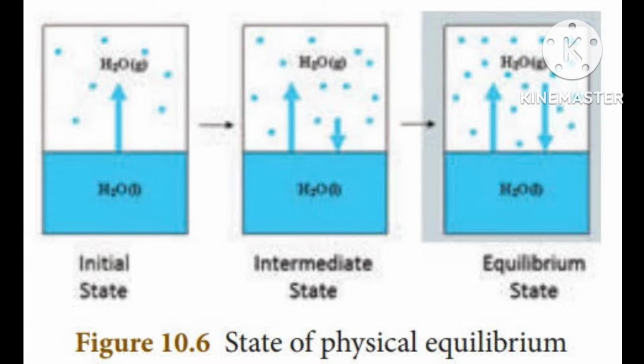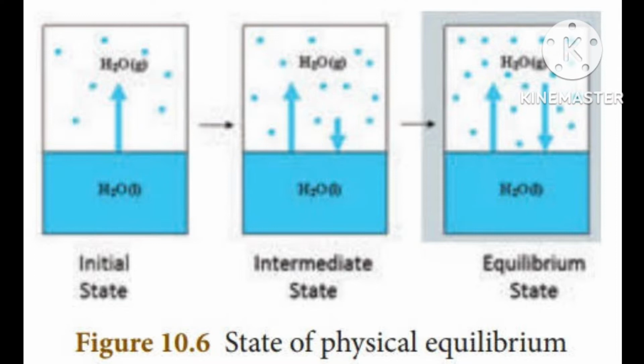At equilibrium, the pressure exerted by water molecules at a given temperature remains constant. Okay, I have already told you. At equilibrium, the pressure exerted by water molecules at a given temperature remains constant and is called the equilibrium vapor pressure of water.